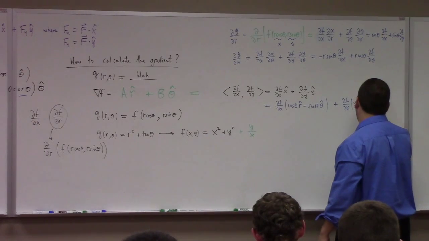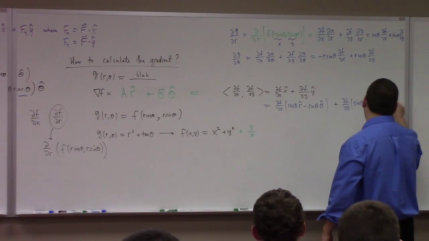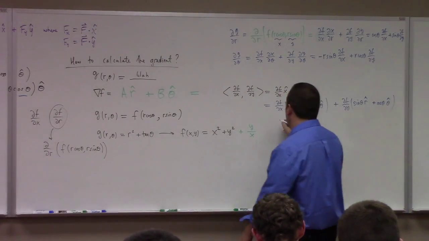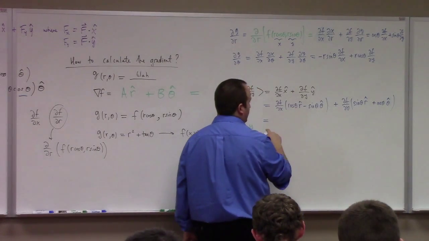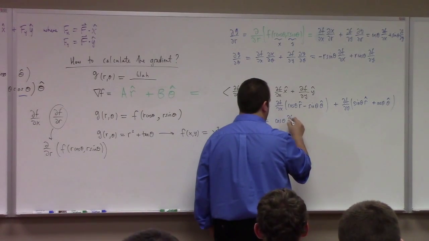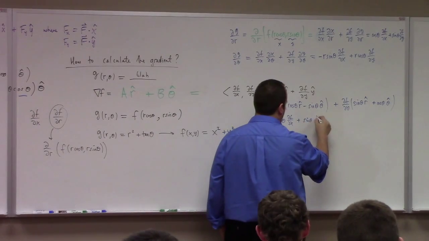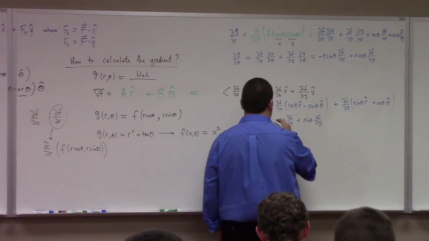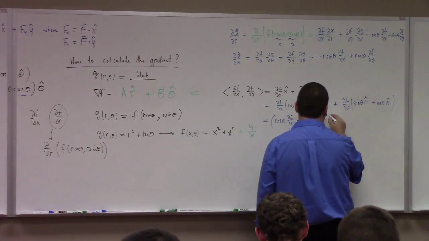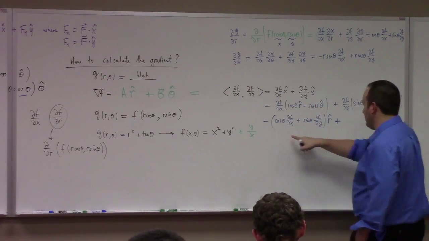Sine theta r hat, plus cosine theta theta hat, great. And then why don't I just regroup terms so that I have an r hat and a theta hat? So I got a cosine theta, partial f, partial x, plus sine theta, partial f, partial y. This is starting to look encouraging because it's starting to look like things we calculated above, right? Check that out.